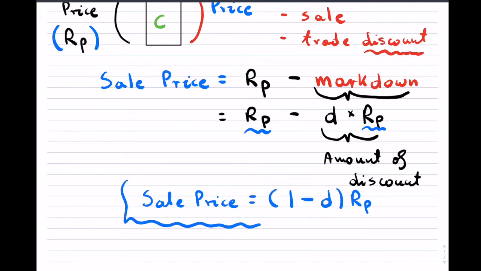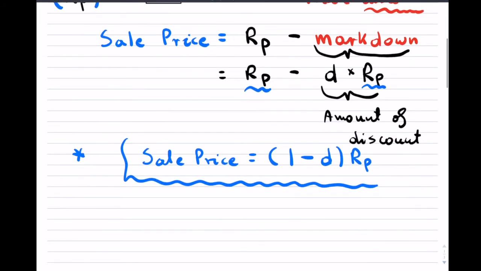And this would be your overall formula for your markdown, where this represents the discount as a markdown, and it is in decimal format. So you have converted the percent back into decimal. If it was 10%, it would have been 0.1.